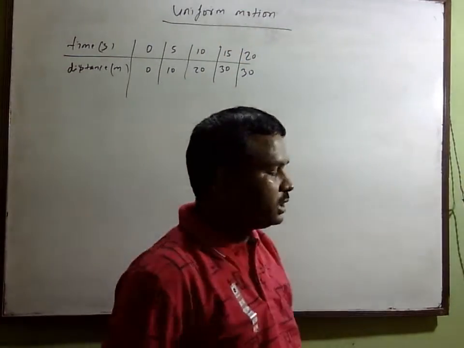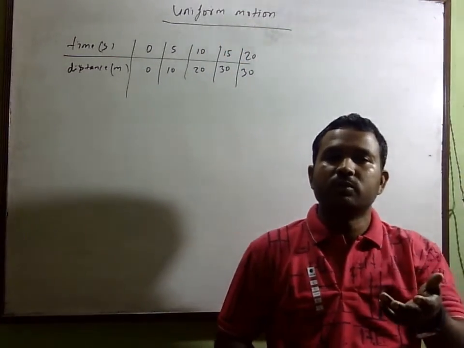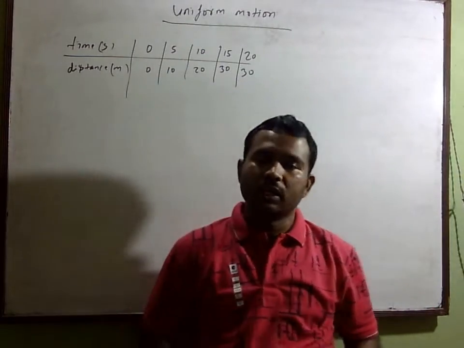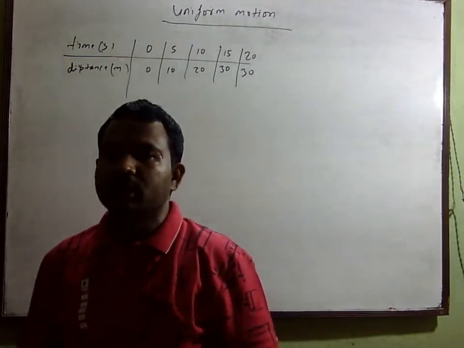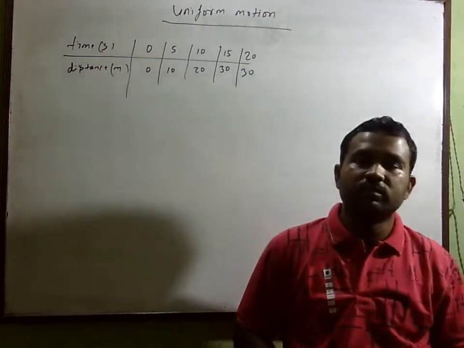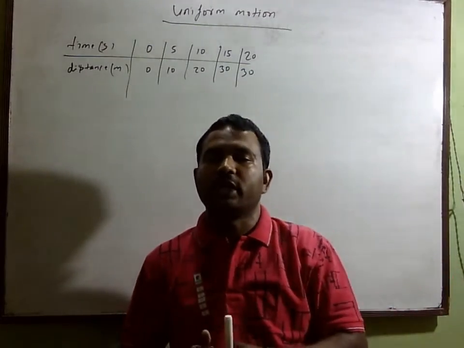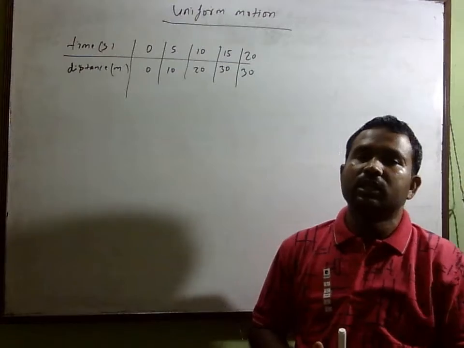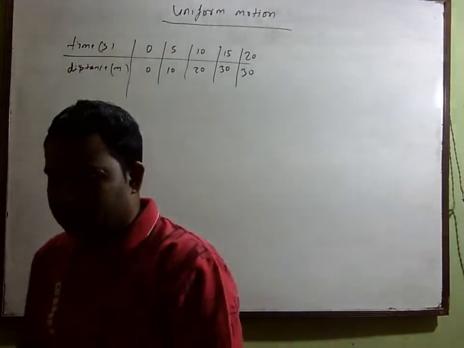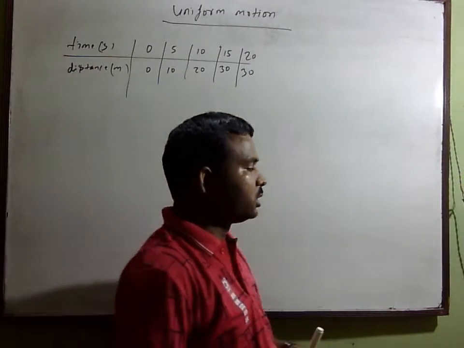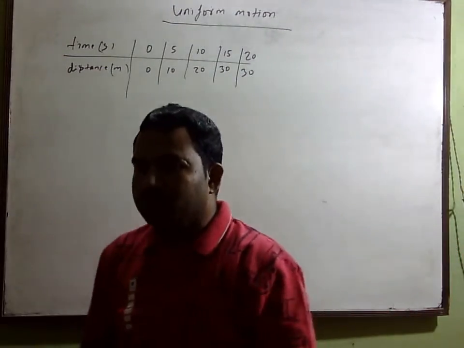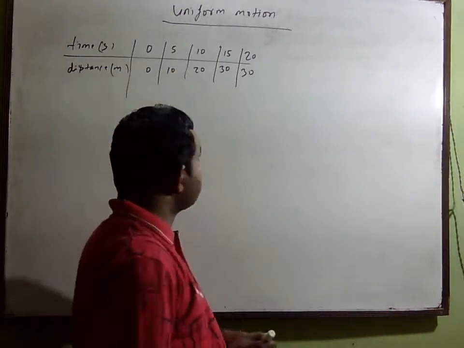Uniform motion means an object covers equal distance or displacement in equal intervals of time. And in uniform motion, if you plot the graph, it will be a straight line.